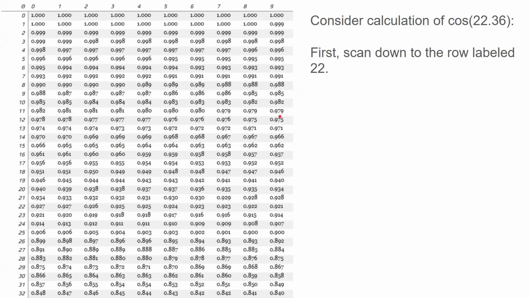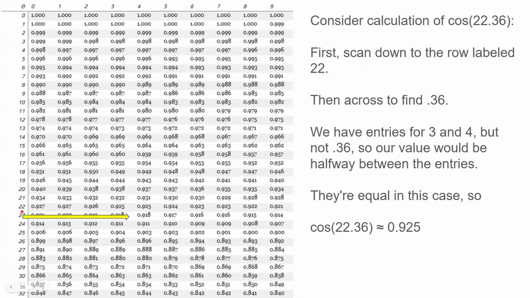First is to scan down the rows until I find the row labeled 22. That's the integer part of my angle. So I go down first. And then I go across to find 3.6. Well, I don't have 3.6 columns. I've got 3 and 4. So this will be somewhere in the middle, okay?